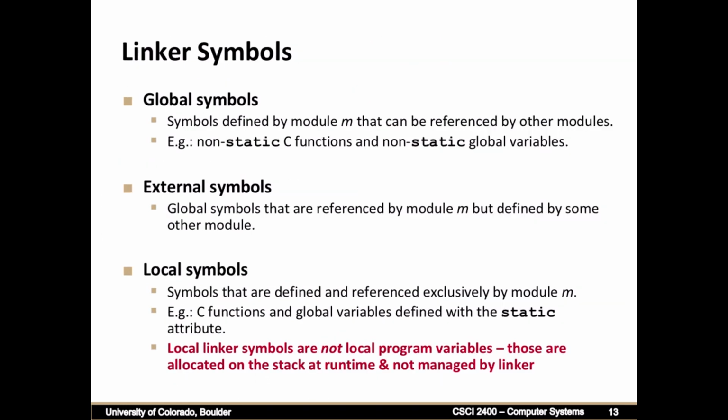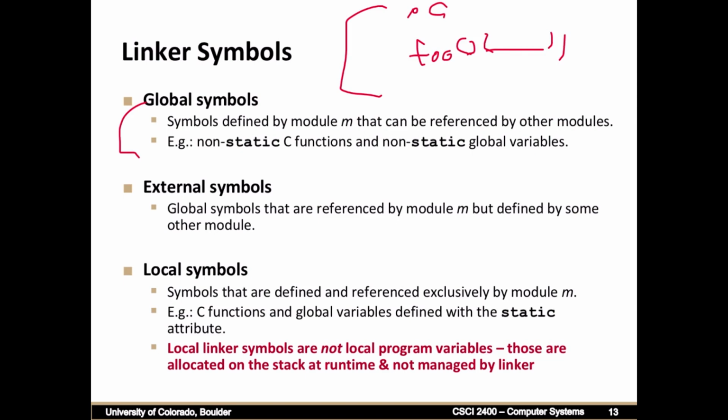The linker symbols are broken into global symbols. So global symbols are defined by a given module and can be referenced by other modules. So these are non-static C functions and non-static global variables. So in C, just to remind you about this, if I have a single .c file with a function foo that I define and put the body in, that function foo can be referred to by other .c files.